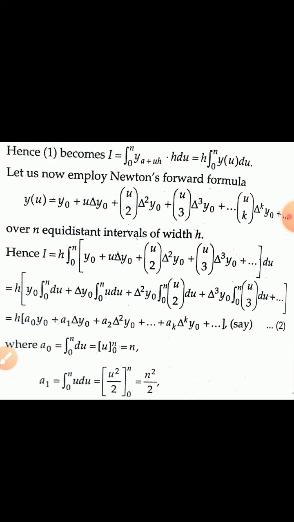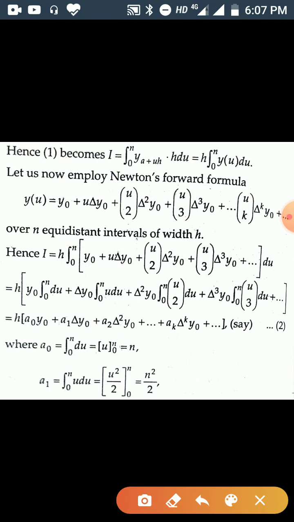Just write Newton's forward interpolation formula, which I have discussed earlier. y(u) is y0 plus u delta y0 plus u(u minus 1) by factorial 2 delta square y0 and so on. The formula is Newton's Gregory's forward interpolation formula. Just write that for over n equidistant intervals of width h.